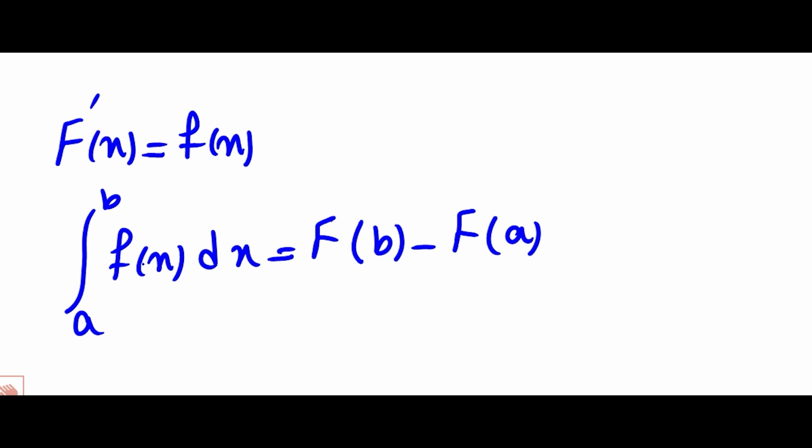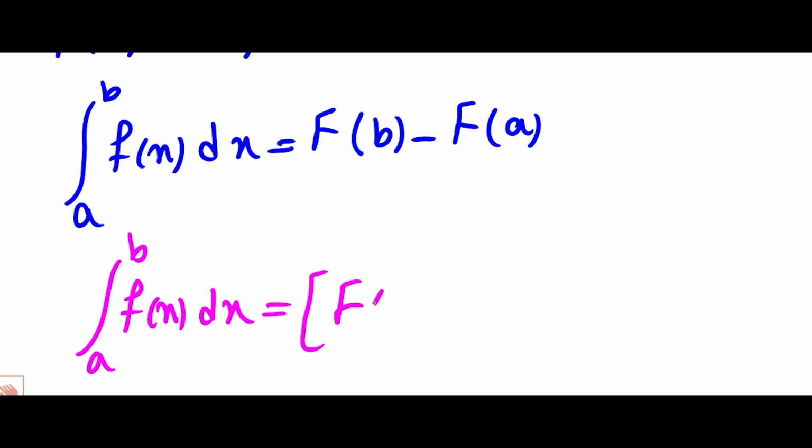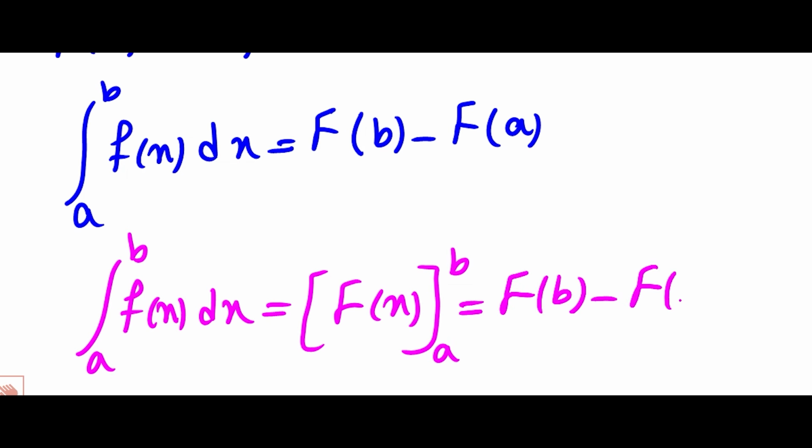This means first find an antiderivative of f of x, then evaluate it at the upper limit, then subtract its value at the lower limit. This process is often written using bracket notation, meaning the integral of f of x dx from a to b is F of x from a to b, which means F of b minus F of a.